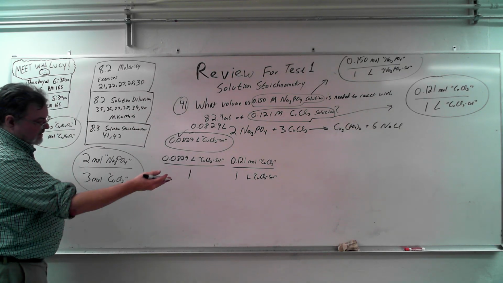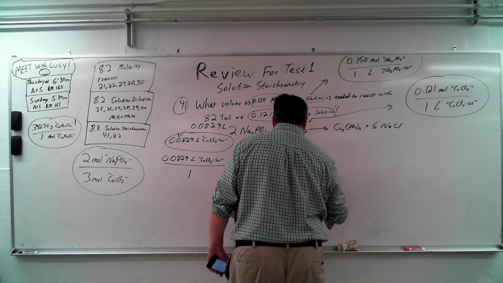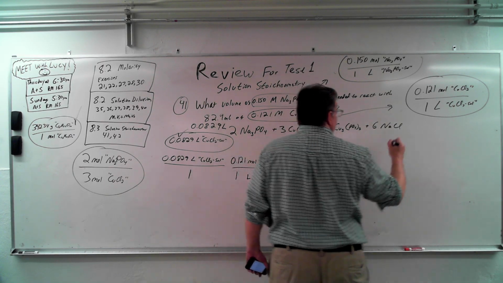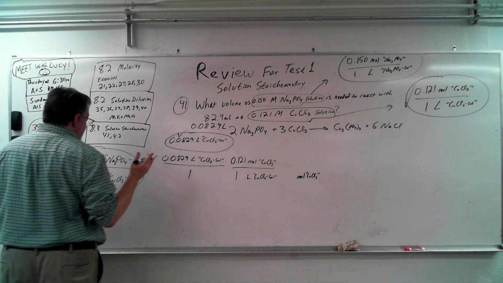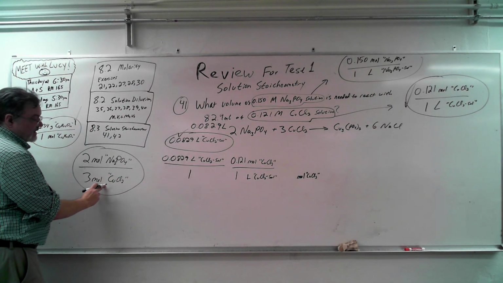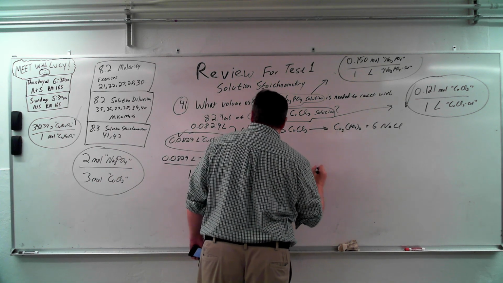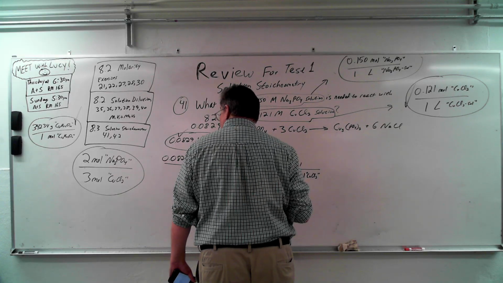That means moles of CuCl2 should be on the bottom. We've used this, we've got this and this left. The only one among those two that has moles of CuCl2 is this. So 3 moles of CuCl2, 2 moles.